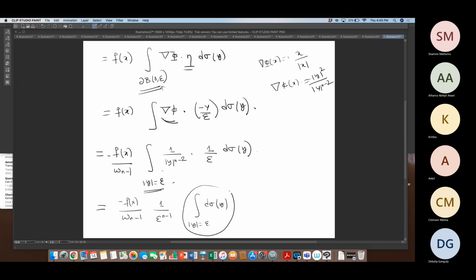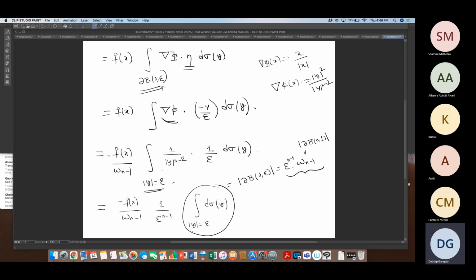What will be this epsilon? This is a measure of ∂B(0,ε). That is epsilon to the power n minus 1 into w_n minus 1. What is w_n minus 1? It is the measure of ∂B(0,1). Clear? ∂B(0,ε) is epsilon to the power n minus 1 scaling.